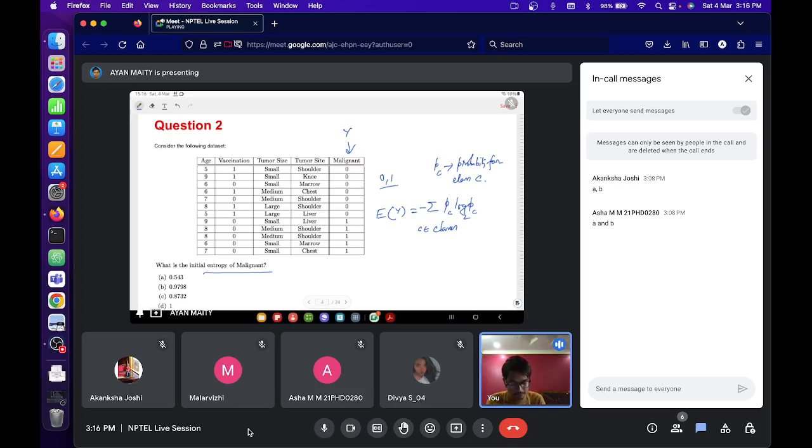We have to compute the PC values first for every class, and then apply this formula to find out the overall entropy.